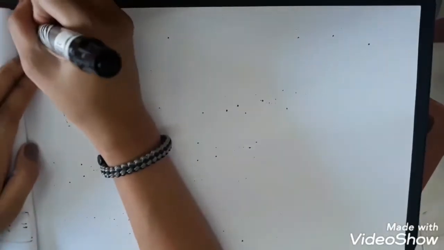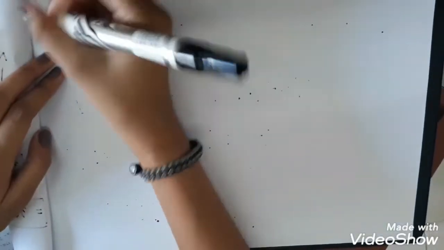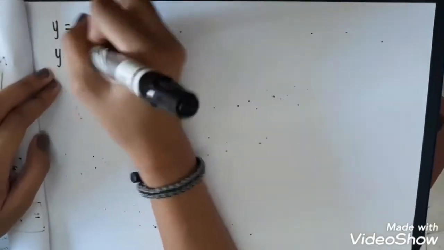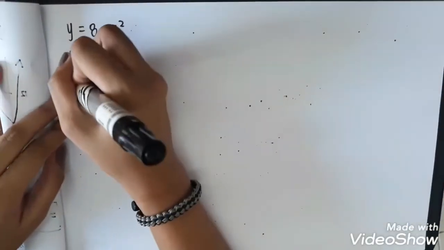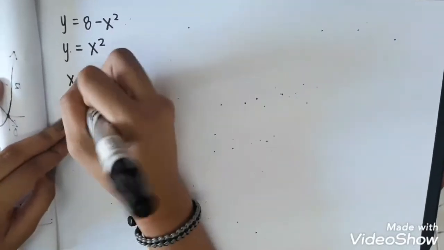Now let's have a little complicated example. The given are y is equals to 8 minus x squared, and the line y equals x squared, then x equals negative 3, and x is equals to 3.